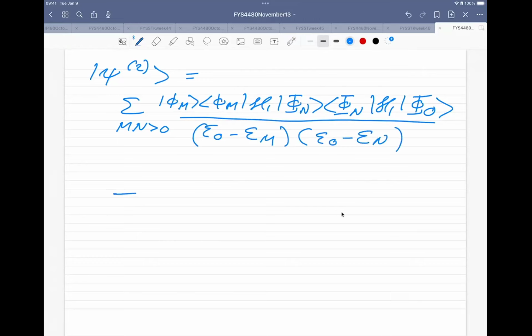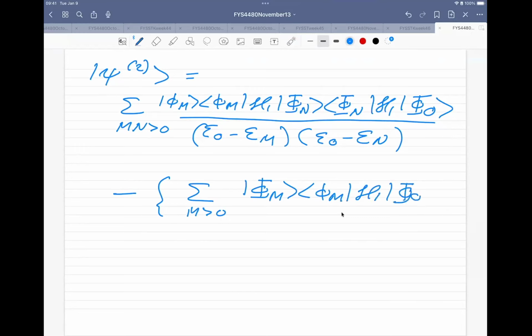And then there is another term. And this other term runs like this. So there is a summation over m larger than 0. I have a phi of m, and then phi of m, the interaction, and then phi 0. And this is divided by epsilon 0 minus epsilon n squared. But it's also multiplied with a new term.